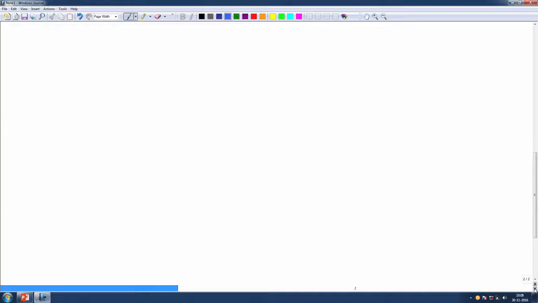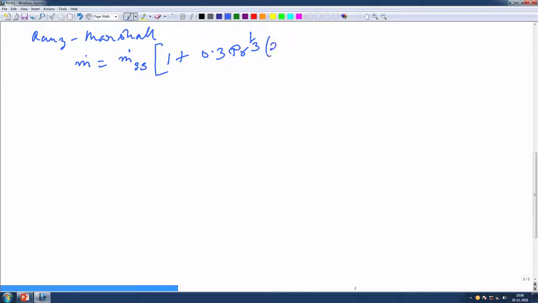Let us look at the next one. Many people have given that in a steady state or in a diffusive environment there is a certain evaporation rate. Now, can we prescribe some evaporation rate for this convective environment? Ranz-Marshall, and you may have heard the name, gave the Ranz-Marshall correlation, in which m dot is given by m dot SS, where SS is nothing but the steady state, times 1 plus 0.3 Prandtl number to the power of 1/3 times Reynolds number to the power of half.